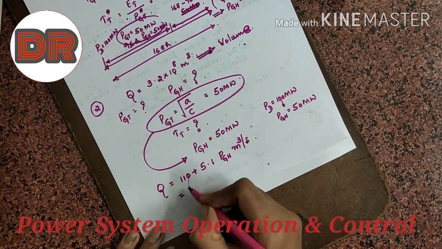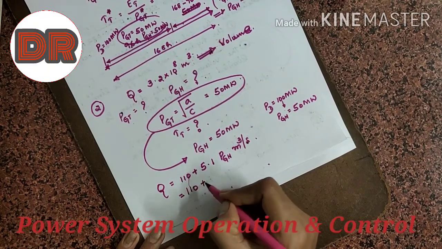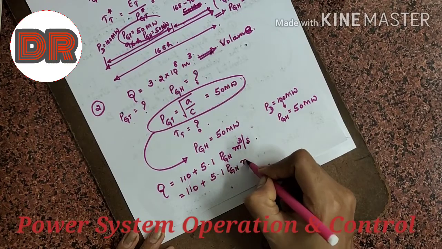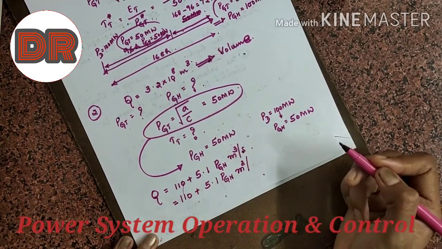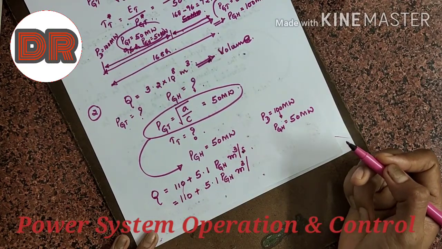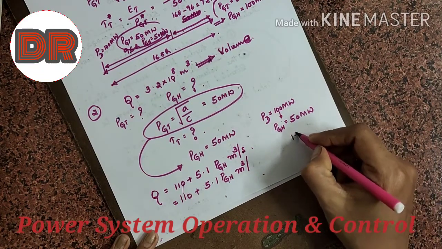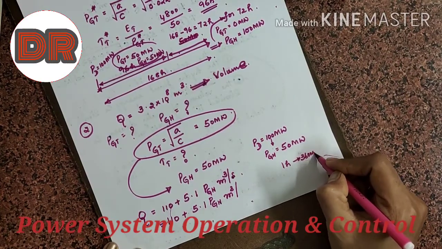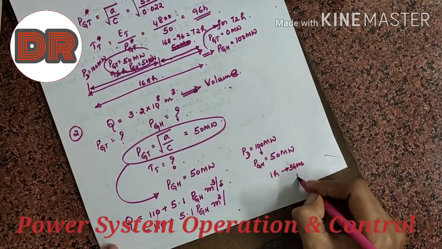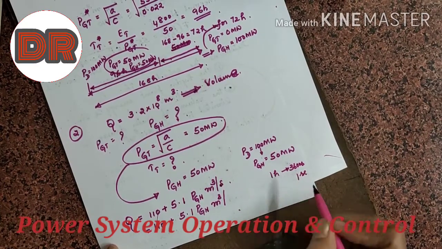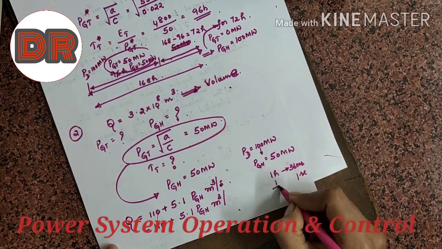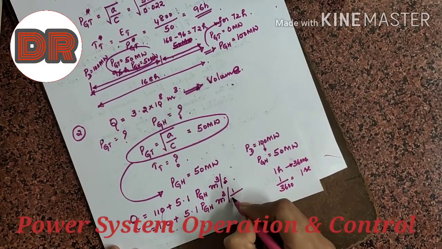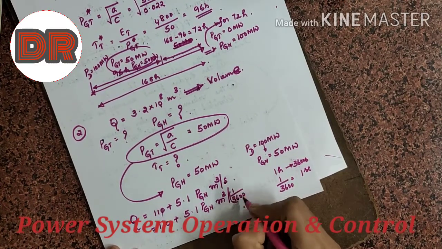So Q now from here is 110 plus 5.1 PGH meter cube per second. Let me convert it into hour. So how to convert? You know 1 hour is equal to 3600 seconds. So 1 second is 1 divided by 3600 hour.